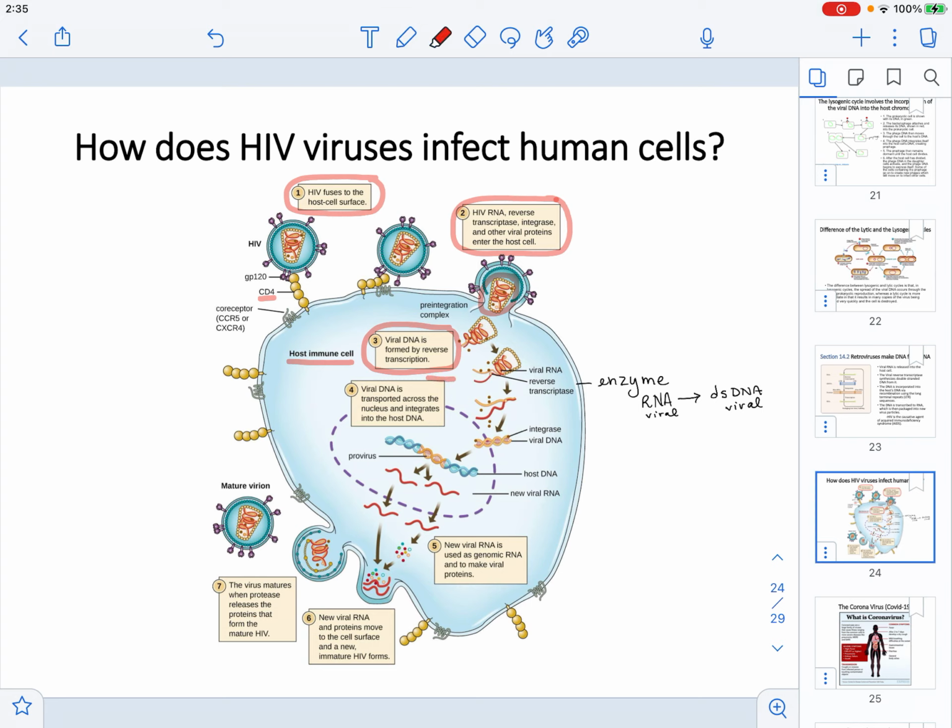Then that viral DNA is transported across the nucleus and integrates into the host cell.